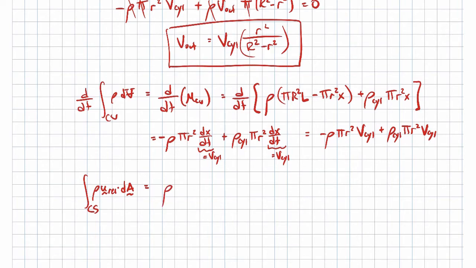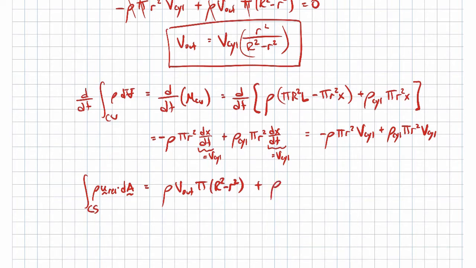So as we found previously, the mass flow rate of hydraulic fluid leaving looks like this. So that's what we found previously for the hydraulic fluid. Now we have to account for the mass that's coming in because of the cylinder coming in.